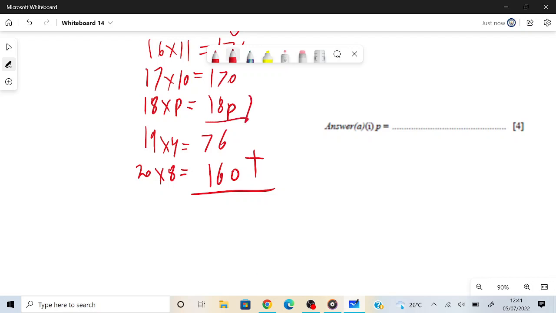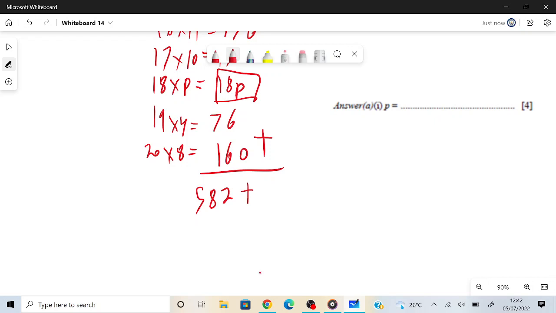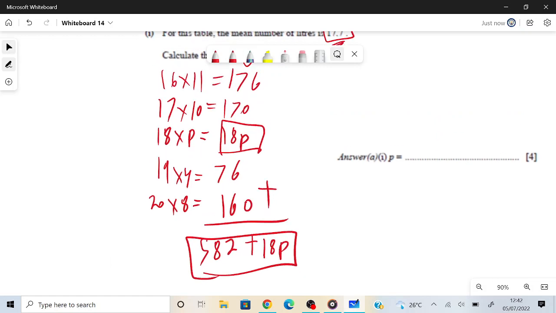Keeping the 18P aside, I am getting 582 if I add up 160, 76, 170 and 176, and all of this plus 18P. Now we know that's not the final answer, and we're not just going to equate this to 17.7.